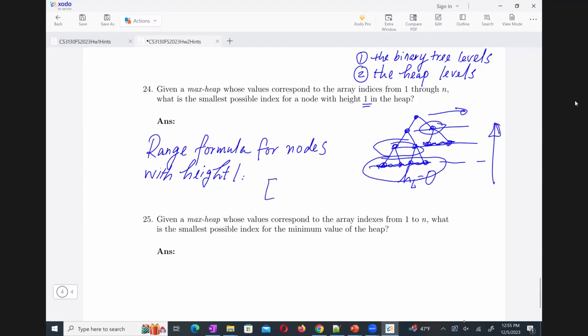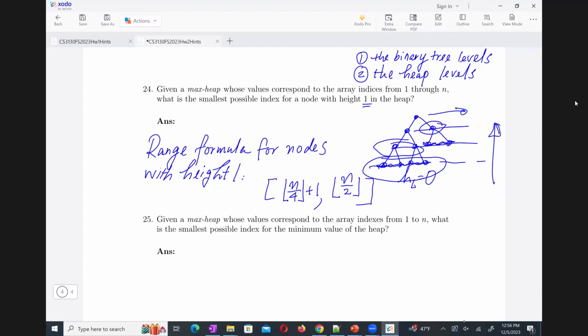What is the lower bound for that range? Something plus 1, right? Floor function n over 4 plus 1, right? Upper bound, the range formula, n over 2. This is the range formula, right?